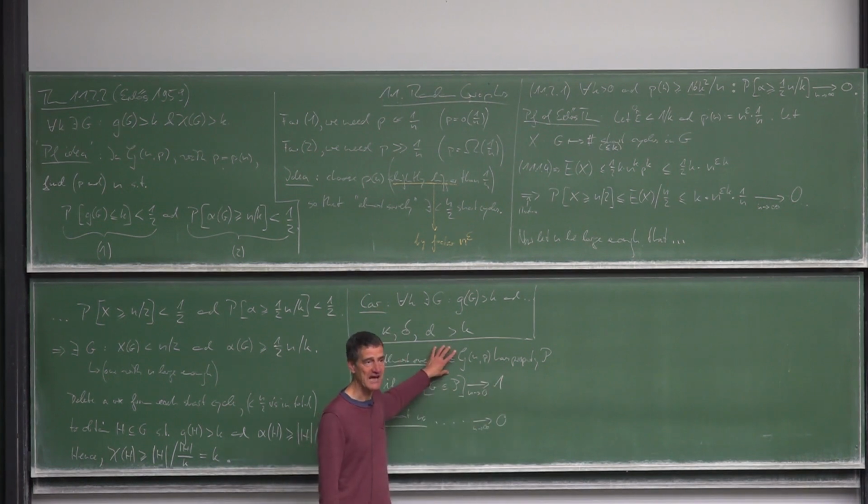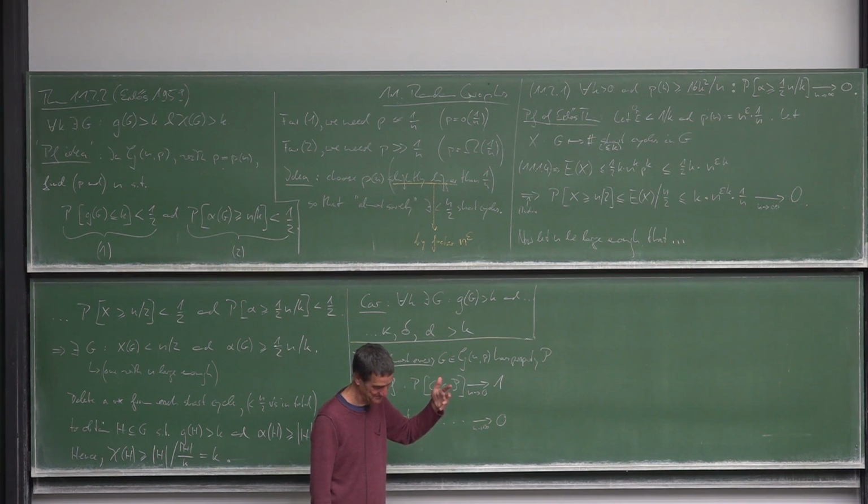Some people say asymptotically almost surely, which is, in my view, a little doppelgemoppelt. Because, yeah, never mind. There are different schools.